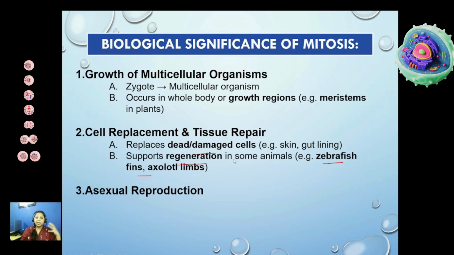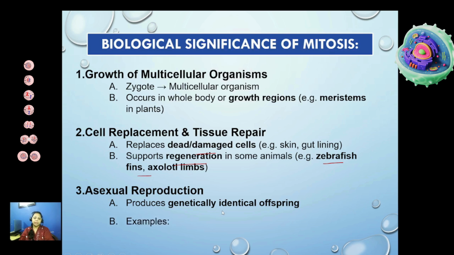Then it helps in asexual reproduction, which is very important in plants because we need to grow new plants. Sometimes we use the technique of grafting, or for runners we use the same stem, and that grows into a whole plant. It is very important in asexual reproduction because it produces genetically identical offspring.